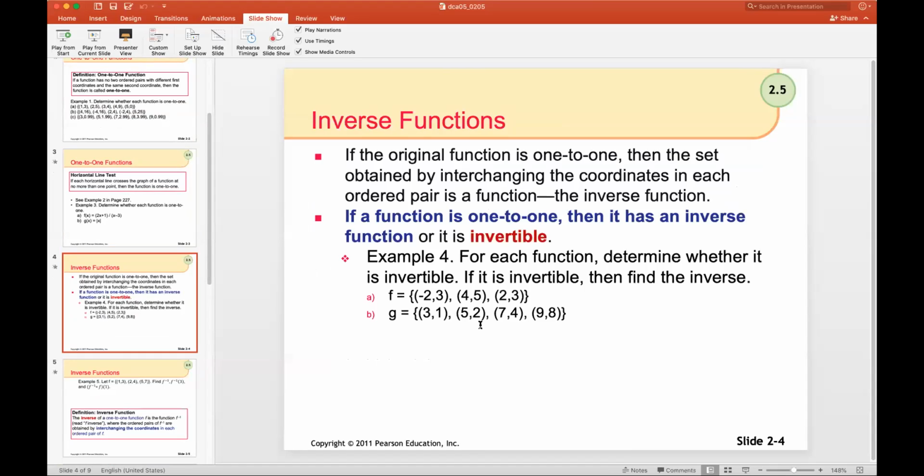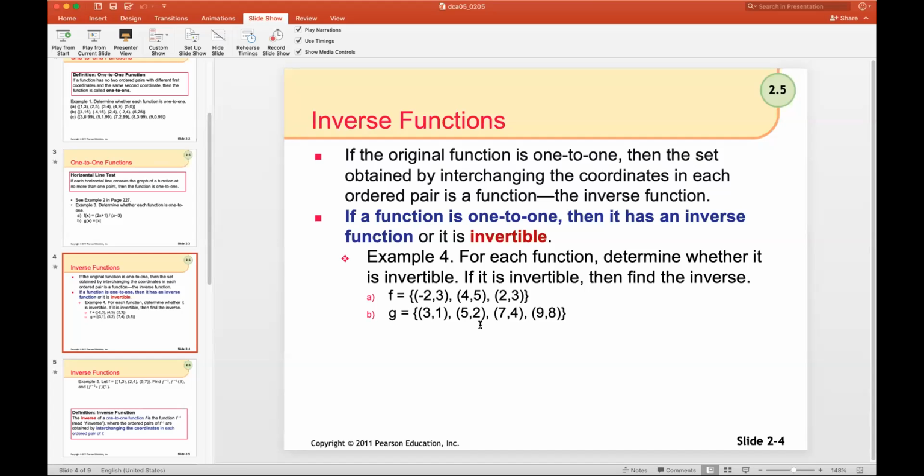Let's see example 4. For each function, determine whether it is invertible. If it is invertible, then find the inverse function. You see that f and g are functions given by sets of ordered pairs, so we directly apply the definition of one-to-one function to check whether they are invertible.